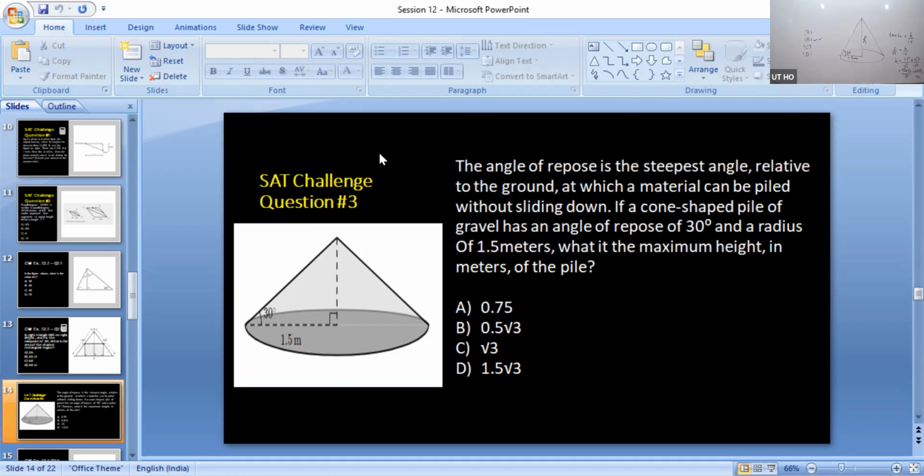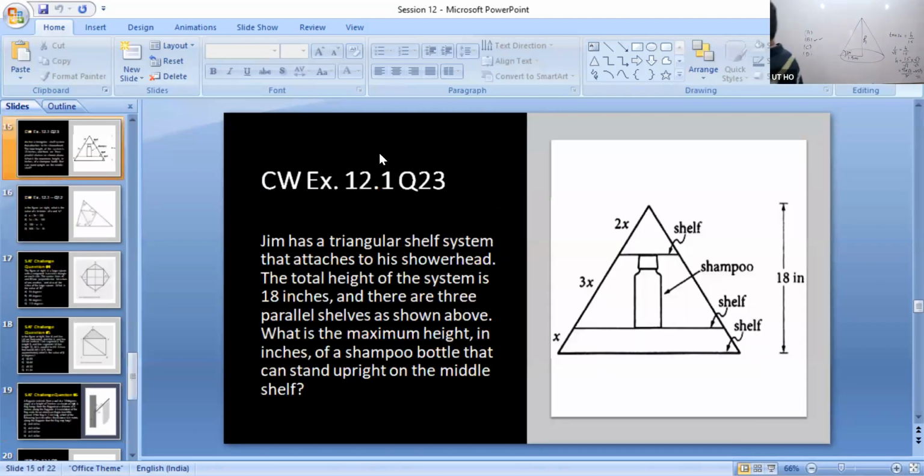Okay, Chinmay, clear beta? Yes, sir. Nishta? Yes, sir. Can we move to next? Yes. Try this.